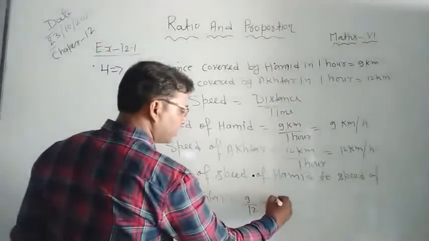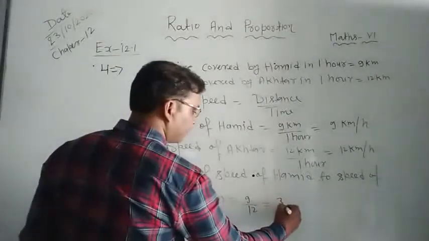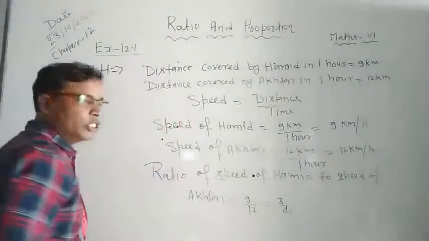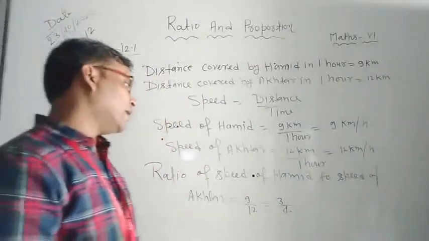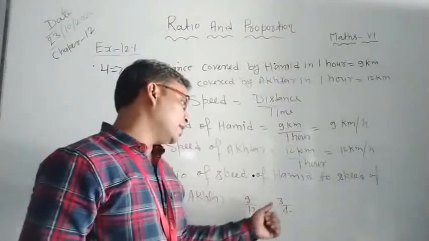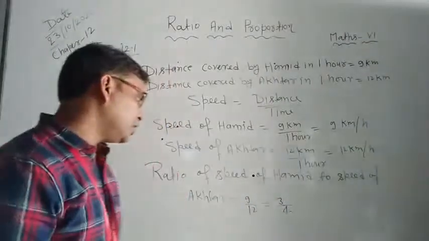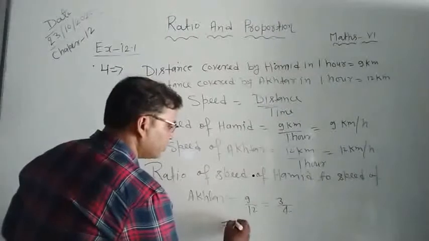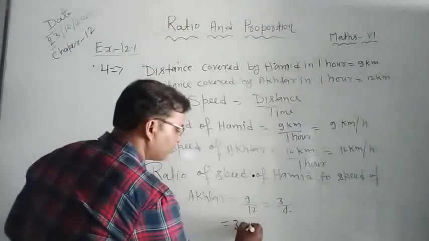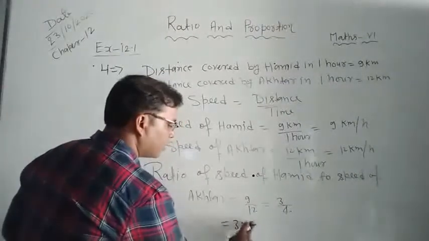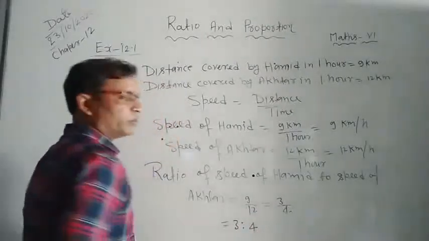This is equal to, you can write 3 by 4. If you divide both numerator and denominator by 3, then 3 3s are 9 and 3 4s are 12. So what is our required ratio? Our required ratio is 3:4. Or simply you can write it 3:4.